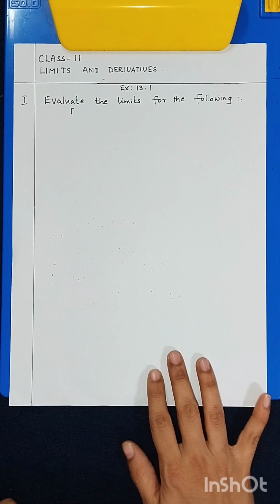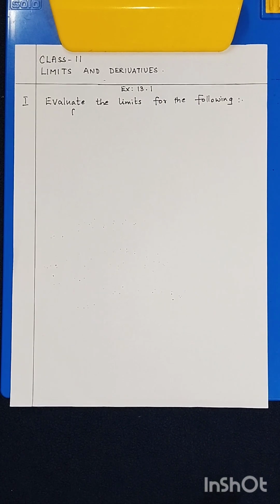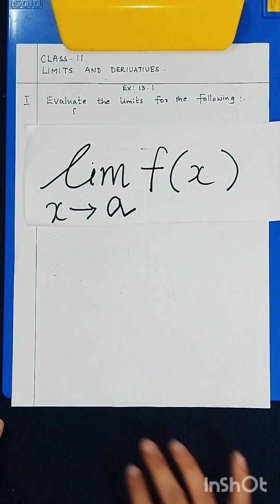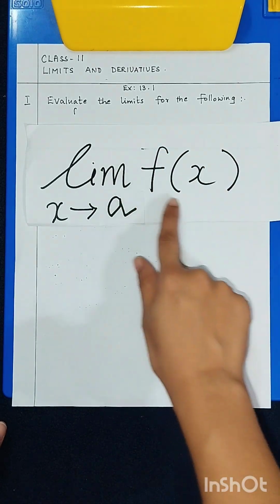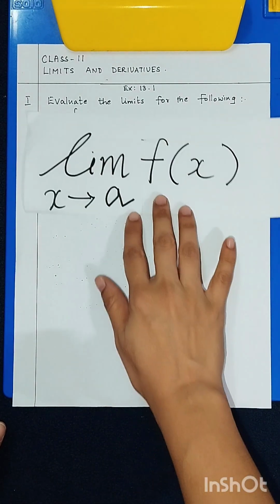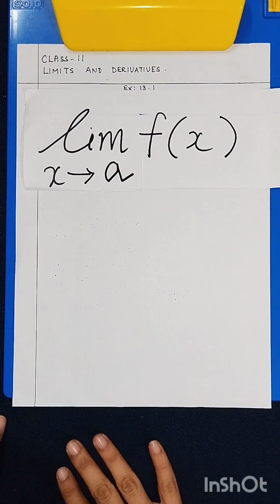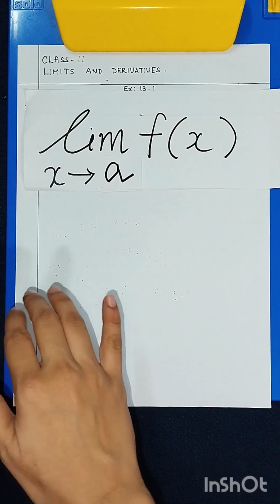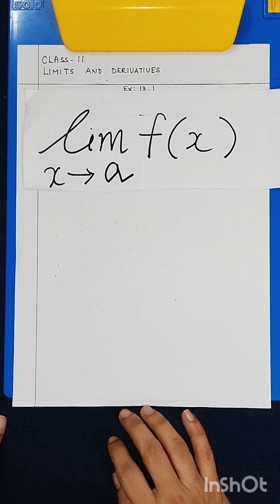So before going ahead, we will first understand what is the meaning of the limit of a function. Limit of a function when x tends to a. What is the limit value? What exactly is the left hand limit and right hand limit?